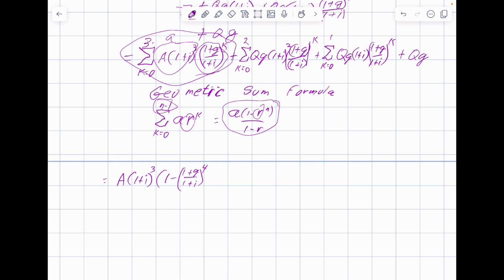I'm sorry, this n here is actually 4. And then the denominator is simply 1 minus r, where r is 1 plus g over 1 plus I.